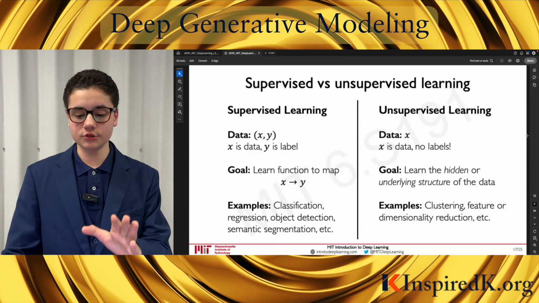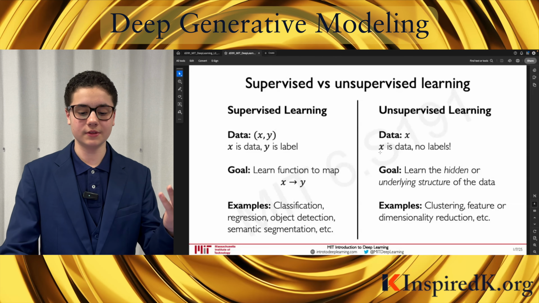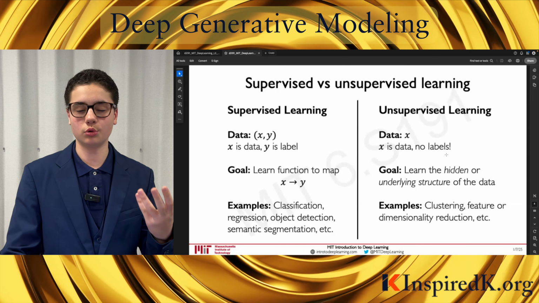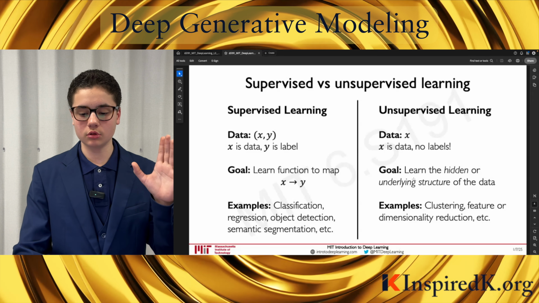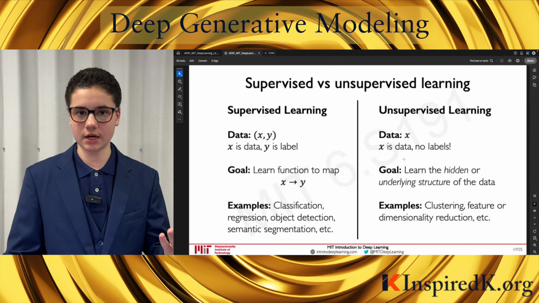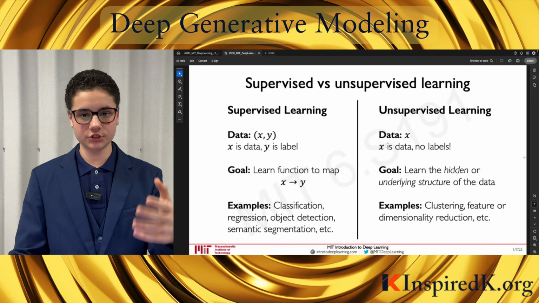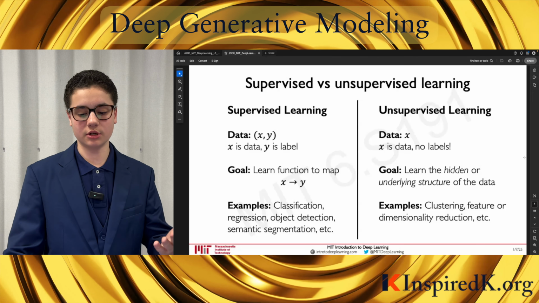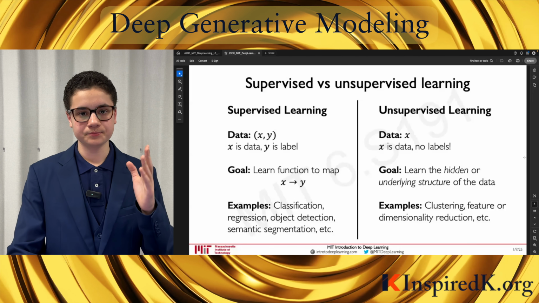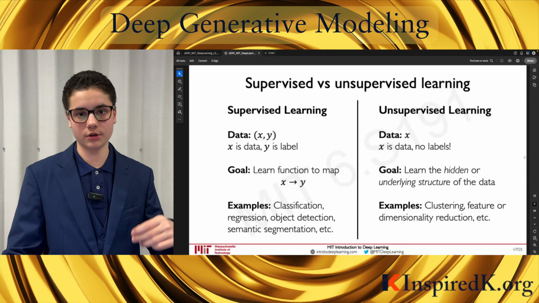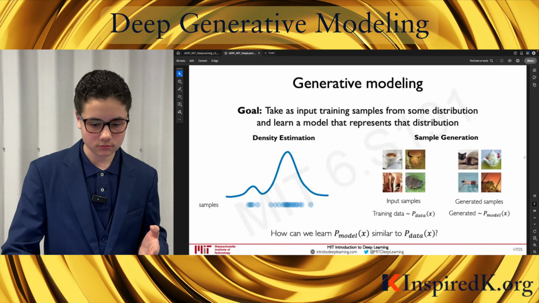On the other hand, unsupervised learning is where you only have the data X and there are no labels. We want to learn the underlying structure of this data, allowing us to have feature detection, dimensionality reduction of images, or clustering of different data points for classification.